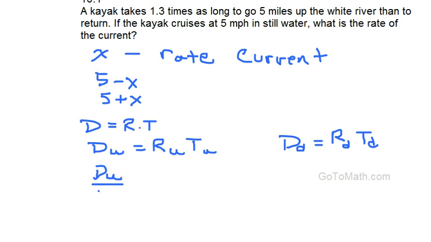So here's our relationship. Time upstream is going to be equal to 1.3 times time downstream. Okay, and that's just by manipulating these guys around right here. So what does it say? The kayak takes 1.3 times as long to go 5 miles up the White River.